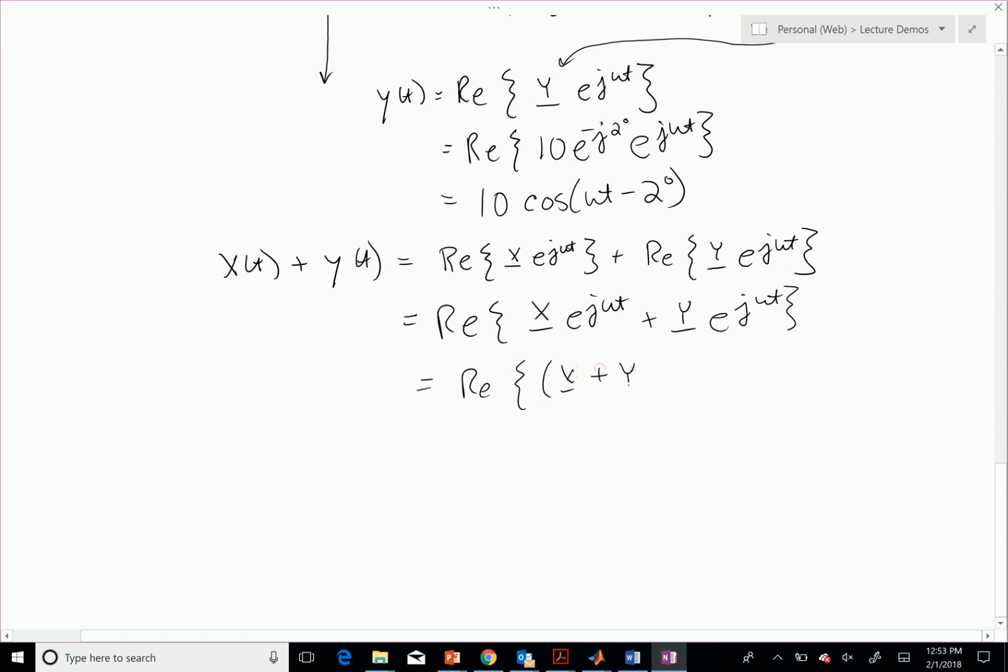So x phasor plus y phasor times e to the j omega t, like that.